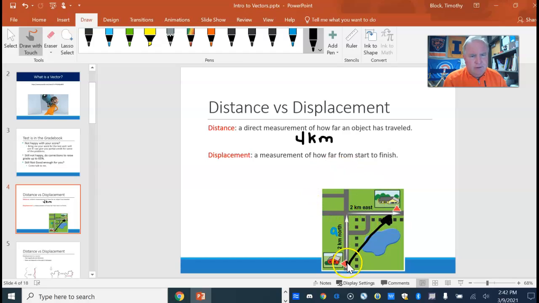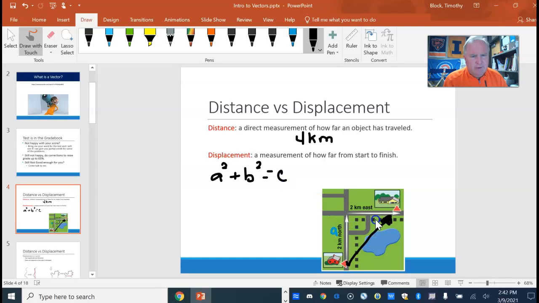And how would we find the arrow? Well, a lot of times the easiest way to do it is just to simply look at this as a right triangle. And since this is a side, and this is a side, and this is the hypotenuse, we use the Pythagorean theorem, a squared plus b squared equals c squared.